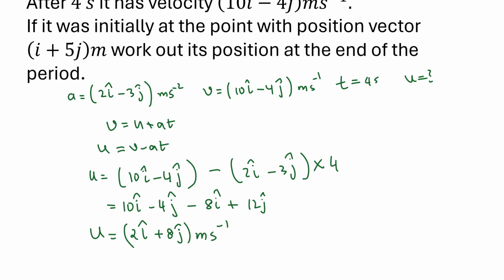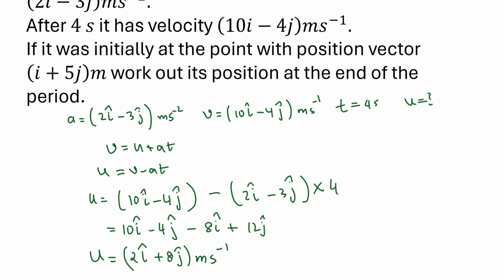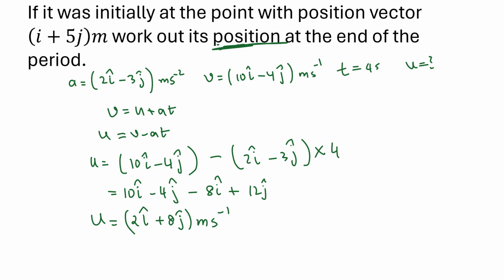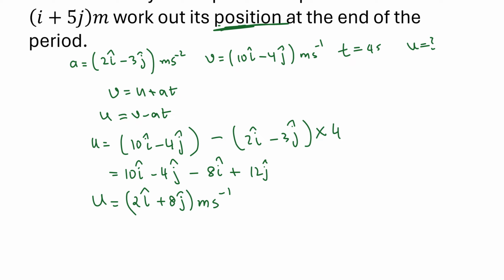Now that we've got u and we need to find the position, that means we need to find out what the distance traveled is. Once again, we need to use another formula. So S is ut plus half at square. We have all these values.